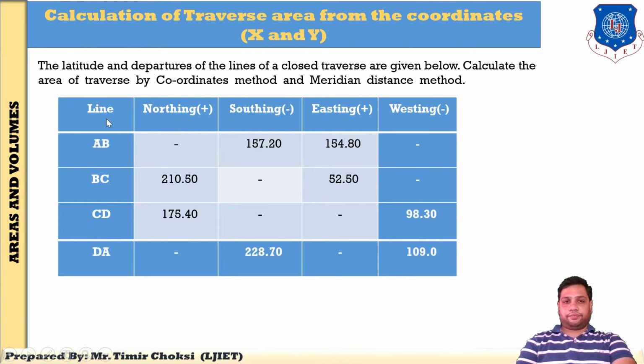So first the lines are given in a table: northing, southing, easting and westing are given. Northing is positive, southing is negative, easting is positive and westing is negative. AB, BC, CD, DA is the traverse line and all the values are given. Now you know that northing and southing are considered in latitude, and easting and westing are components of the departure.